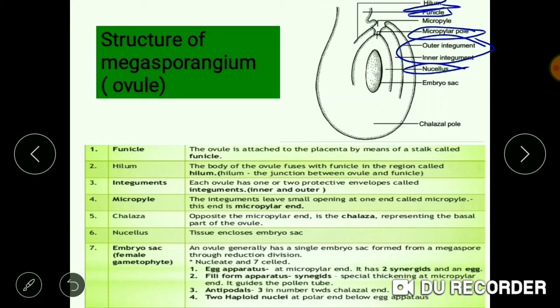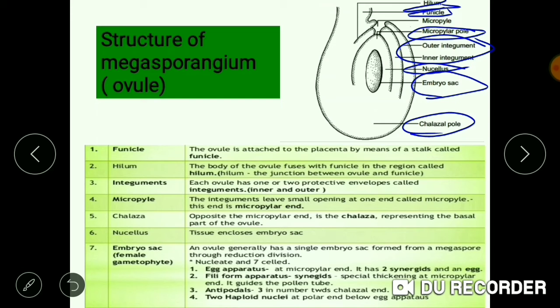Nucellus is the tissue which encloses the embryo sac. It is that tissue which helps in the development of embryo sac. And the pole opposite to the micropylar end is known as chalazal end. It lies completely at the opposite pole of micropylar end.